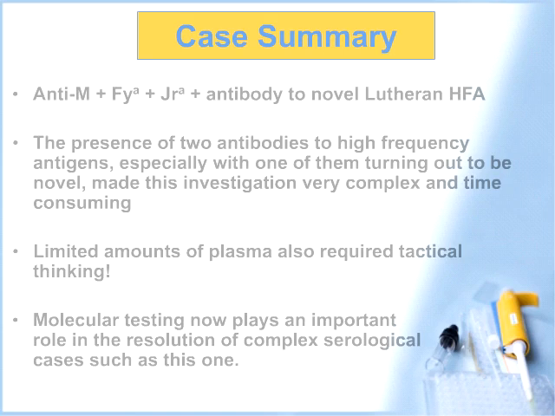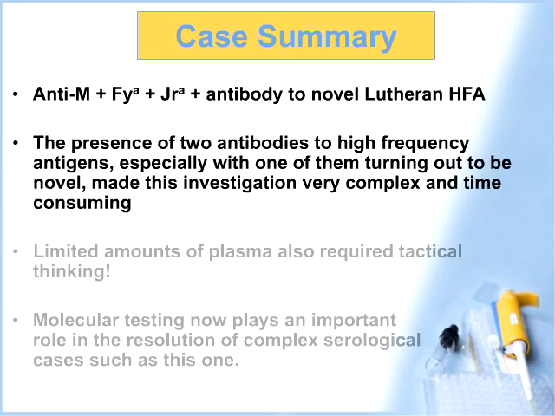So to summarize this case, we found that the patient had anti-M, anti-Duffy, anti-JRA, plus an antibody to a novel Lutheran high-frequency antigen. The presence of 2 antibodies to high-frequency antigens, especially with one of them turning out to be novel, made this investigation very complex and time-consuming, but also very fun.